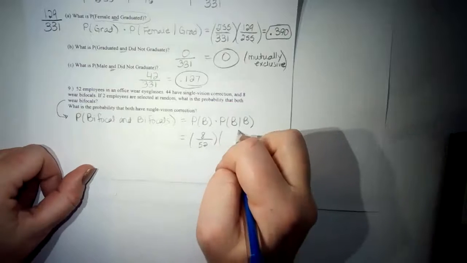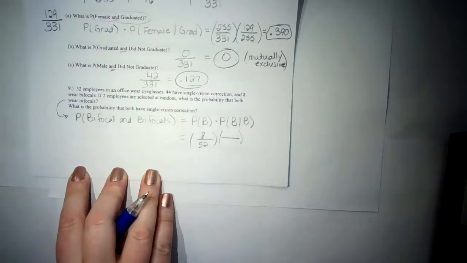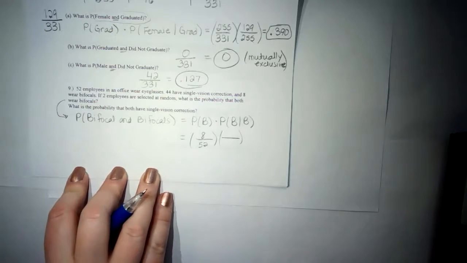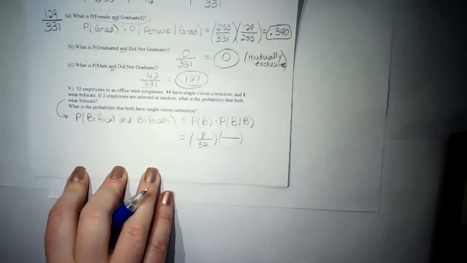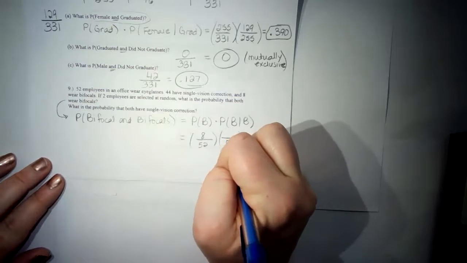Okay, here's where it gets a little weird. Think about this. You've already chosen somebody that has bifocals. They took them to the eye surgeon, whatever, they're going to fix them. Now you're in your room, you're choosing a second person. You still have 52 people in this room? No, because you already chose someone. So how many people are now in the room? 51.